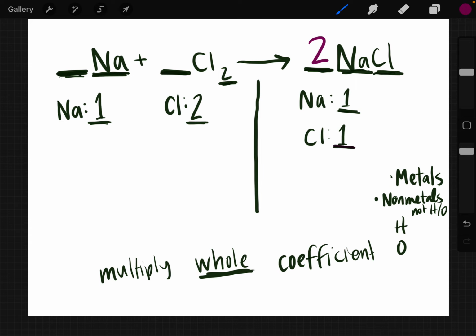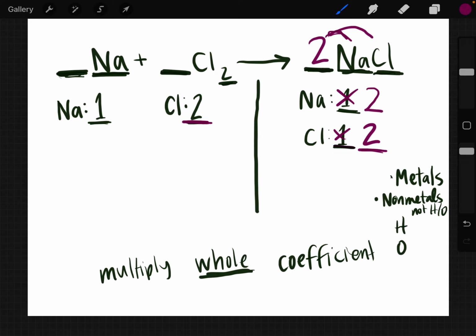And the reason why I put a big 2 right there is because if I multiply my chlorine by 2, it's going to end up being 1 times 2, which is 2. Isn't that the number that I needed? However, when I multiply a compound by a big coefficient, it distributes to everybody inside of the compound, which means that now my sodium is also changed to 2. So my chlorines are happy because I have 2 on the left and 2 on the right.